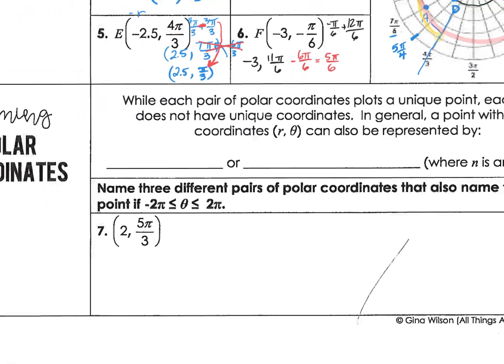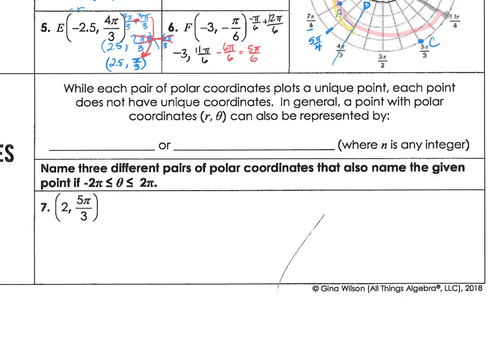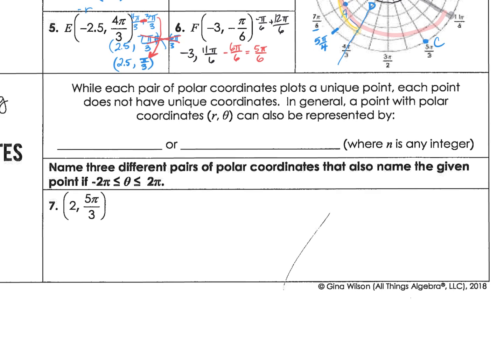All right, so while each pair of polar coordinates plots a unique point, each point does not have unique coordinates.